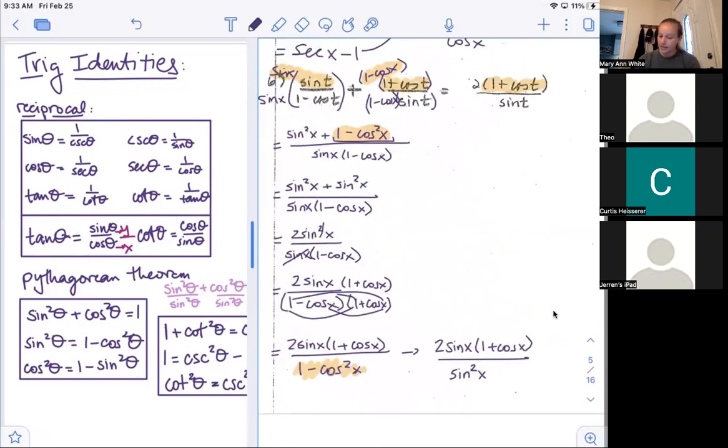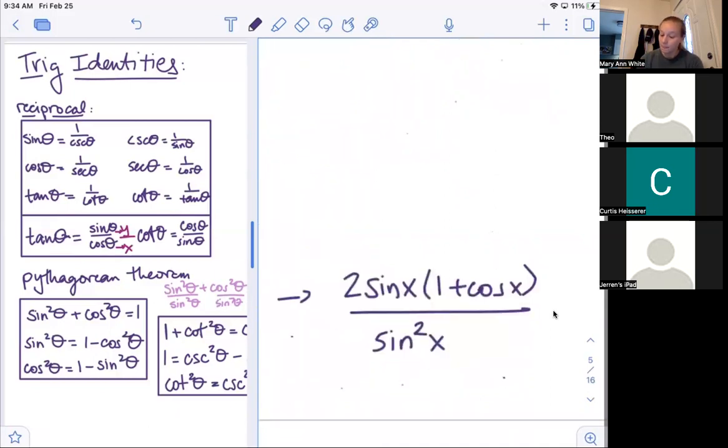All right, and so we need to get to 2 times 1 plus cosine all over sine. What's the last thing I need to do? Take out the sines.